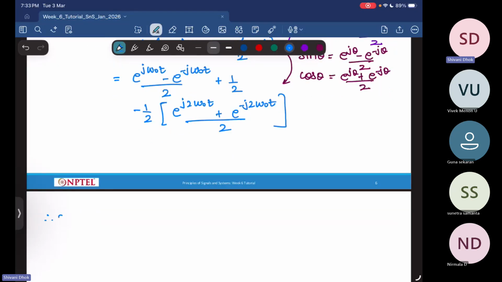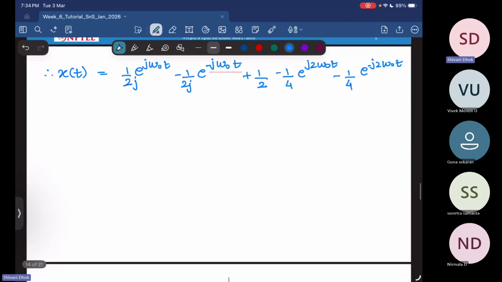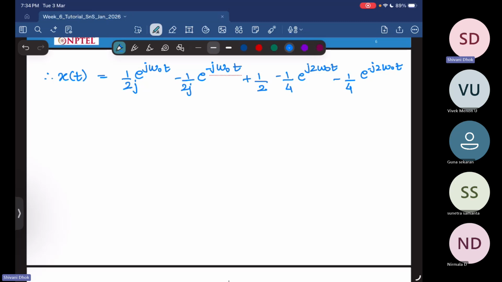So therefore x of t is equal to, I can write this as 1 by 2j e power j omega naught t minus 1 by 2j e power minus j omega naught t plus half minus 1 by 4 e power j 2 omega naught t minus 1 by 4 into e power minus j 2 omega naught t. Just for the sake of ease, I'll just rearrange these terms.